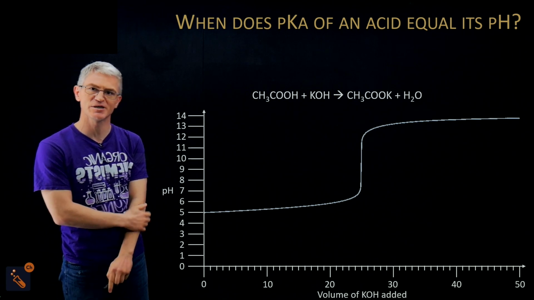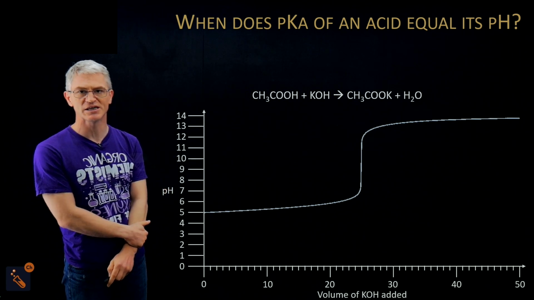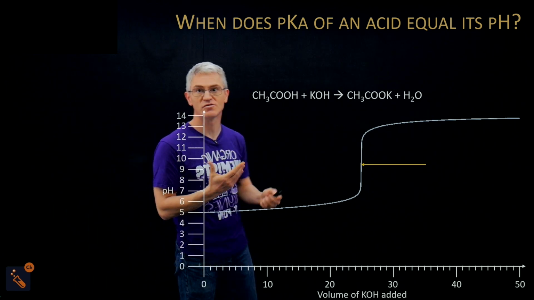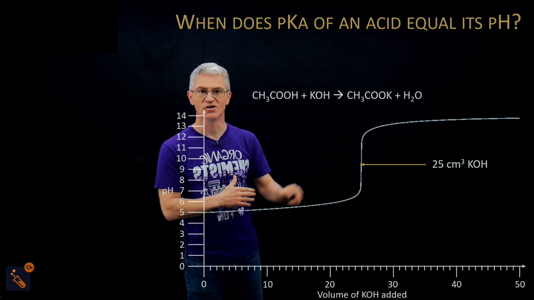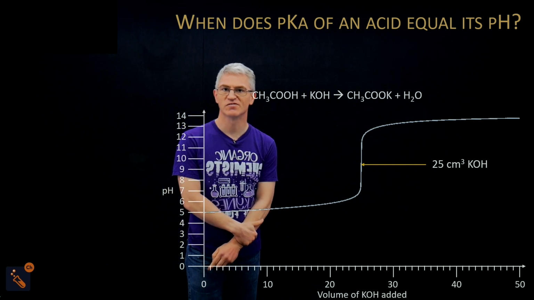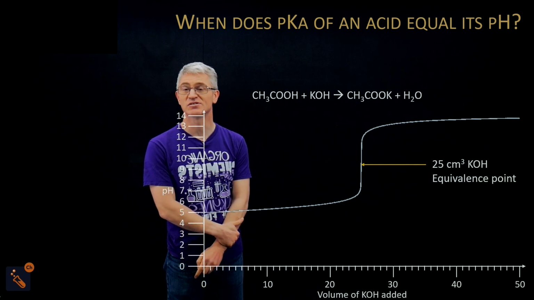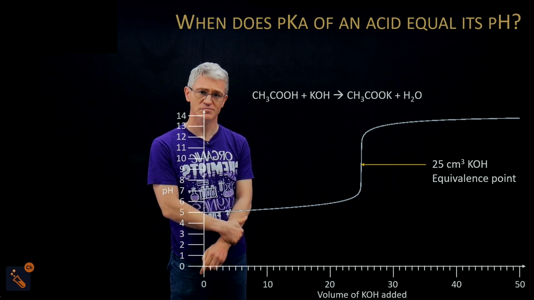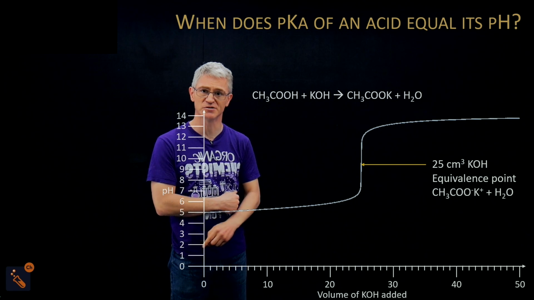So when does the pKa of an acid equal its pH? Let's talk you through how you do this. So basically, we've got 25 centimeters cubed of KOH, the equivalence point essentially, roughly in the middle of the vertical section, when your H plus equals your OH minus.